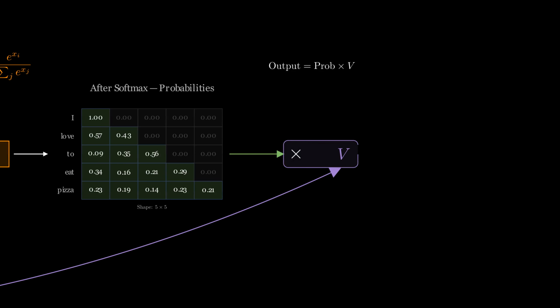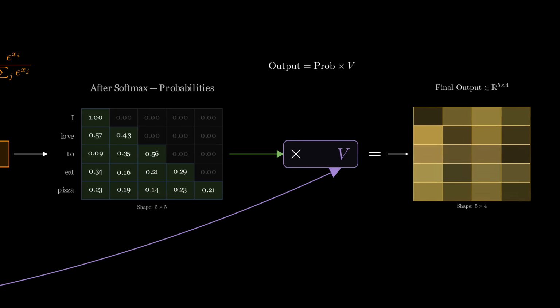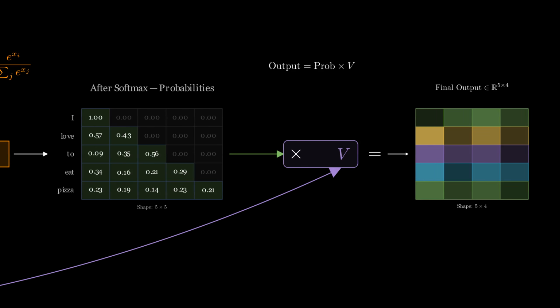Since everything in the future is zeroed out, only past and present tokens actually have a say in the output. What comes out? Each token now knows about everything before it, but nothing after it. That's the whole point. No peeking ahead, no cheating. Every token only knows what it should know.